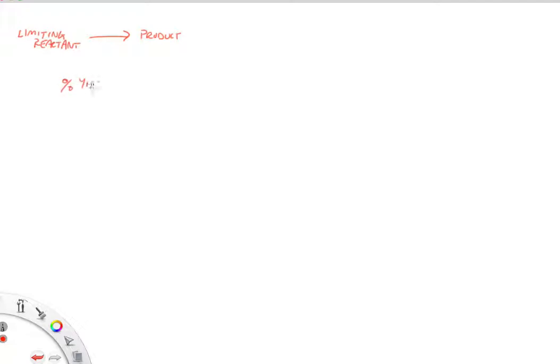So the percent yield is very simple. It is the actual product that you get in your experiment after you've run it. The actual yield. The yield is the product. Okay? The actual yield, or the actual product, I'll put that in parentheses up above, over something we call the theoretical yield, or the theoretical product.